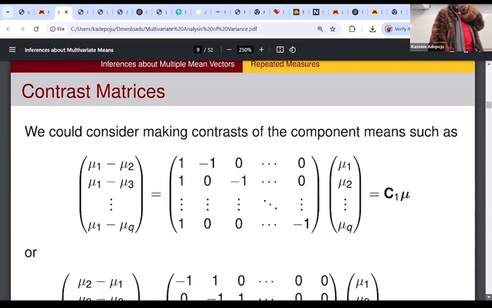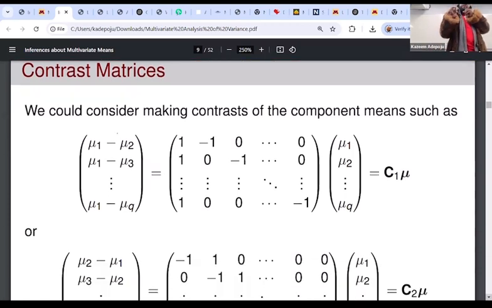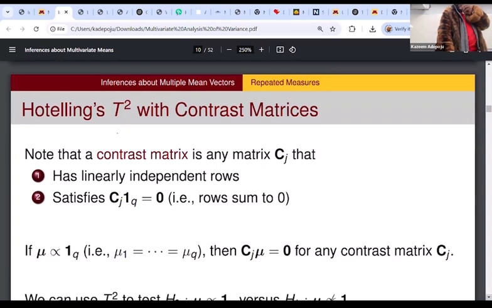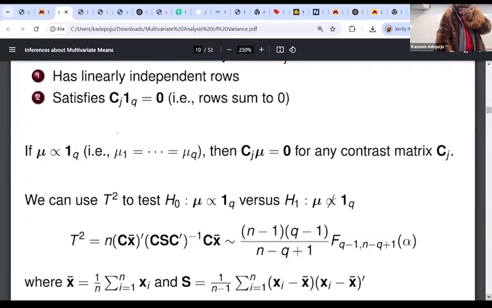Because the moment you understand your C matrix, the test statistic is going to be easy. Pay attention now. I'm going to show you what the T-squared is in this regard. The T-squared is this expression.